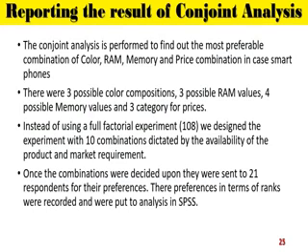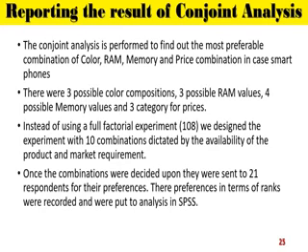Now what we have to do is report the result of conjoint analysis. So we write it like this: the conjoint analysis is performed to find out the most preferable combination of color, RAM, memory, and price in case of smartphones. There are 3 possible color values, 3 possible RAM values, 4 possible memory values, and 3 categories of prices.